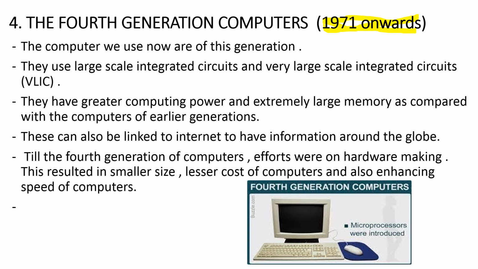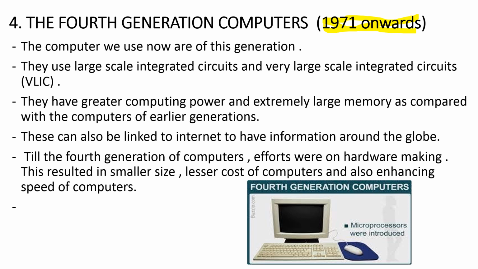Since new developments and new inventions were done in the earlier generations, the fourth generation computers had greater computing power. They had greater processing power, and extremely large memory to store your information.